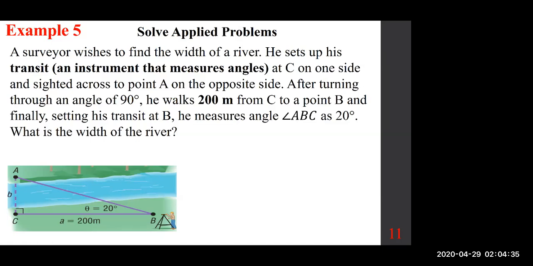So we are 200 meters away from the point C, and that's important to understand, which is perpendicular to this line BC, and therefore it can give us the width of the river, which is AC. So first, is everybody okay with the setup and how this thing works so far?